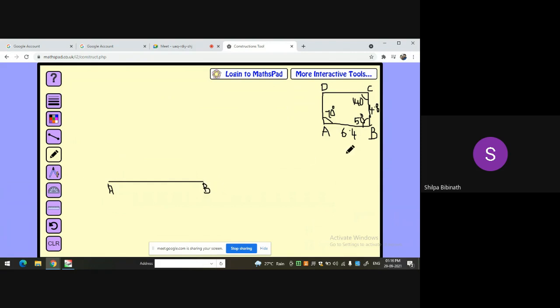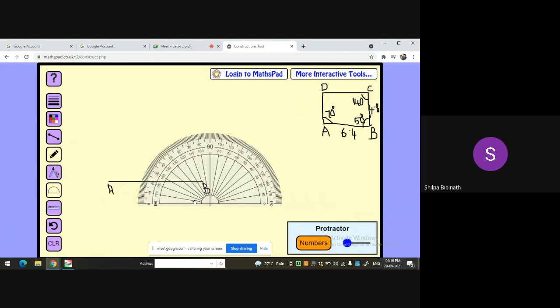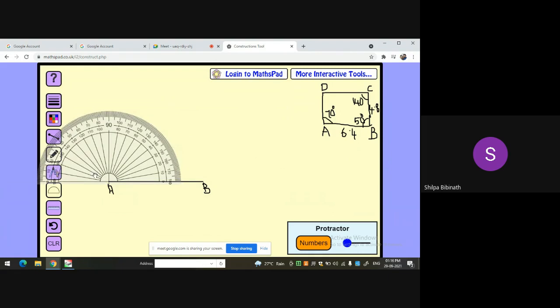Okay, now angle A is given as 70 degrees. So take your protractor, keep it at point A, and I always tell you all, the 0 degree which is there should exactly coincide, it should exactly lie on this segment AB. Okay, and then from there mark 70 degree. We have marked here 70 degree.